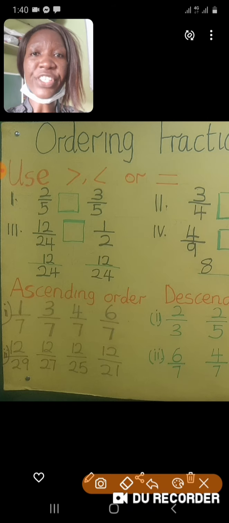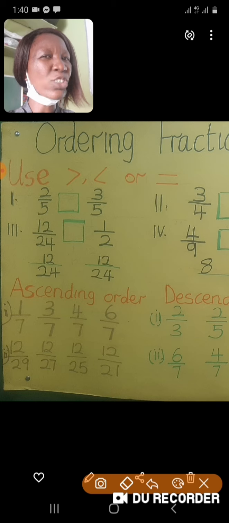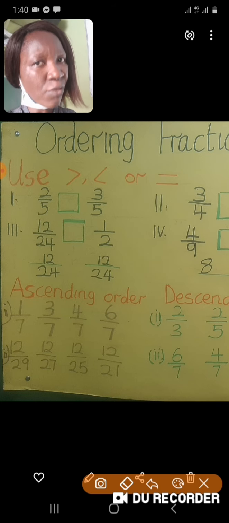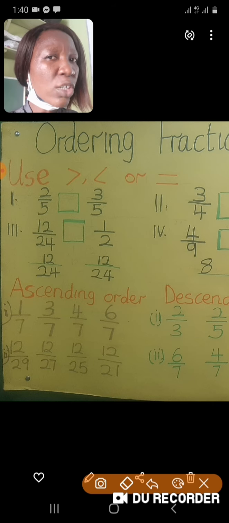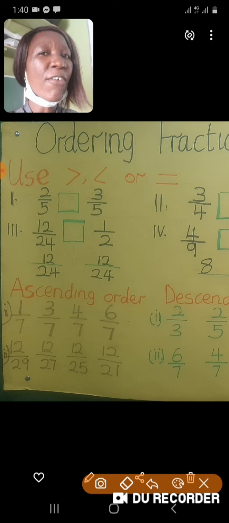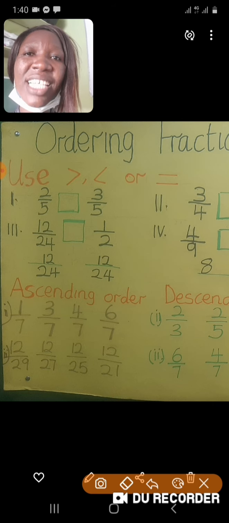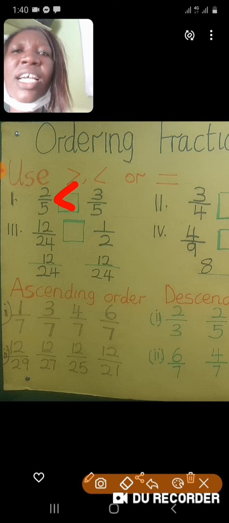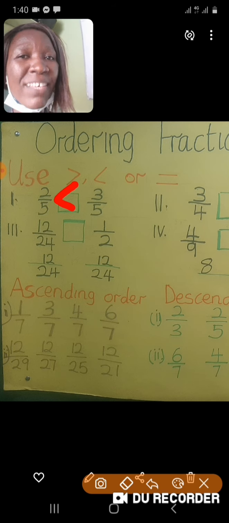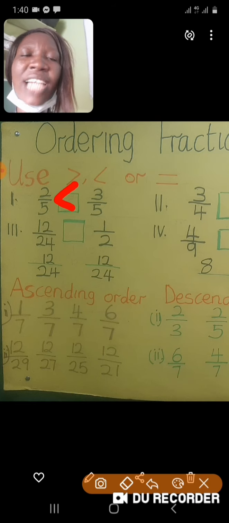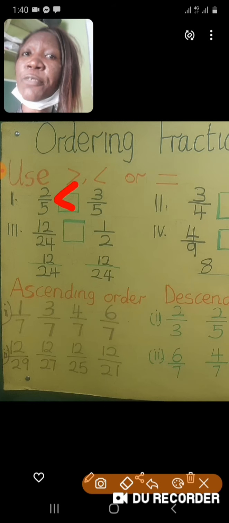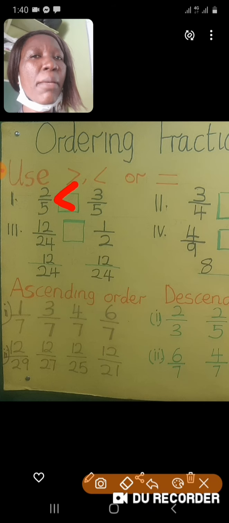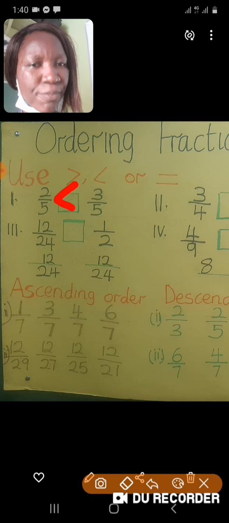The rule says if the denominators are the same, the smaller numerator is the smaller fraction and the bigger numerator is the bigger fraction. So that means 3 out of 5 is bigger than 2 out of 5. That means 2 out of 5 is less than 3 out of 5, which means 3 out of 5 is bigger than 2 out of 5.